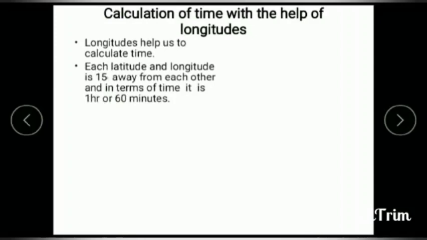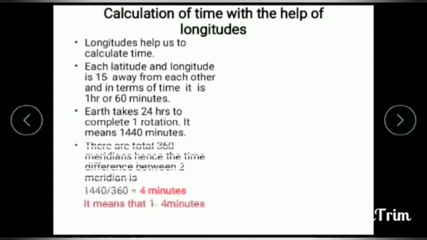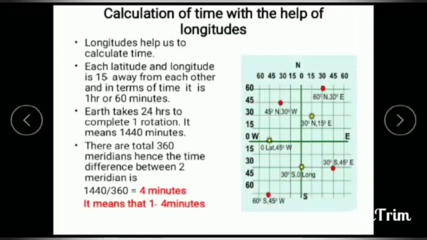Now, each latitude and longitude is 15 degrees away from each other, and in terms of time, it is 1 hour or 60 minutes. So the difference between two longitudes would be 15 degree, and 15 degree would be equal to 1 hour.